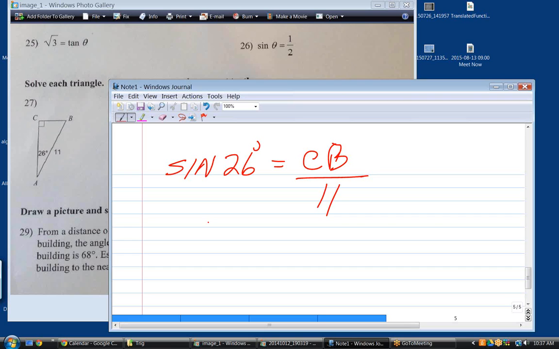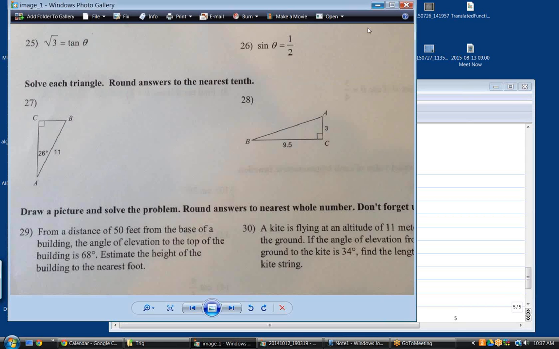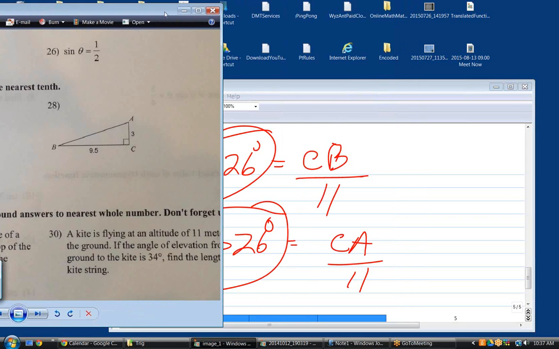Right. The cosine. Here's cosine. Cosine of 26 degrees is going to be CA over 11. And those are just numbers. Once you put a number in there, you can solve for CB and CA. Okay. It's the equation.